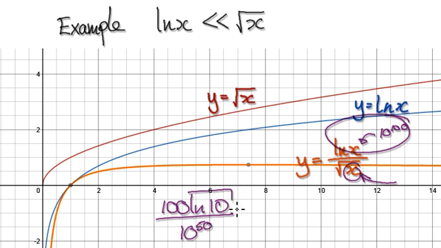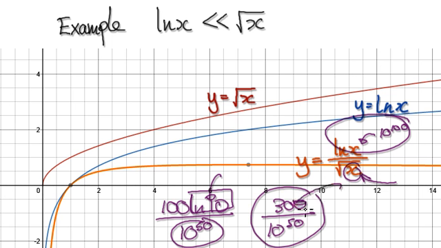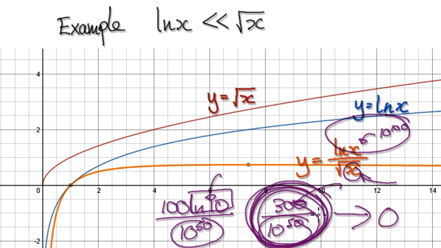And this block here is roughly 3, natural log of 10 is roughly 3. 3 times 100, that would be 300. And then this is a massive number here, 10 to the power of 50. So you can see that 300 is very small in comparison to this. So this whole thing is heading towards zero. Because it's heading towards zero, you can see that this is a lot bigger than this.